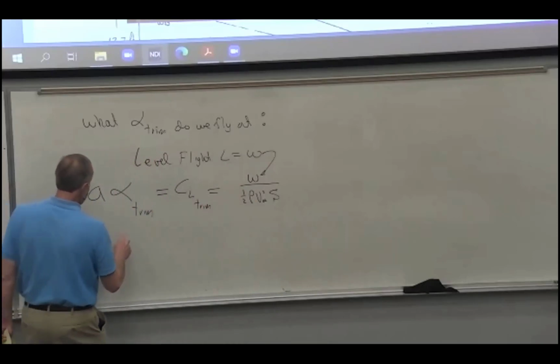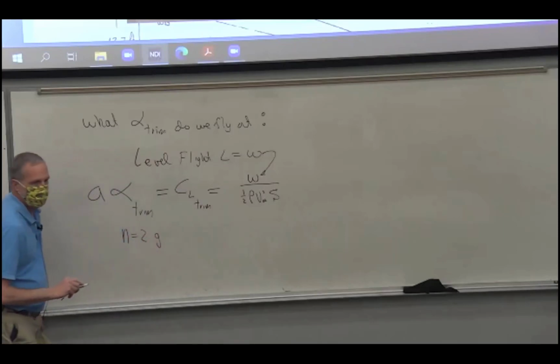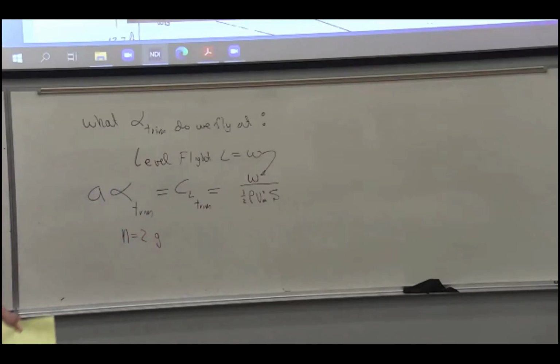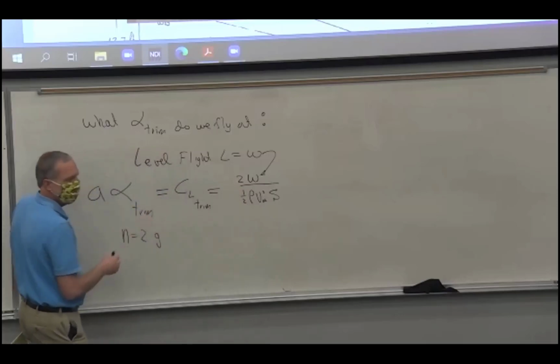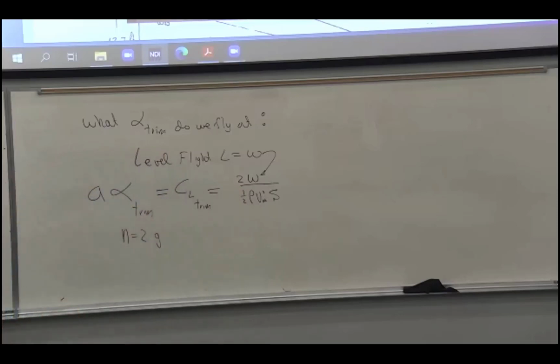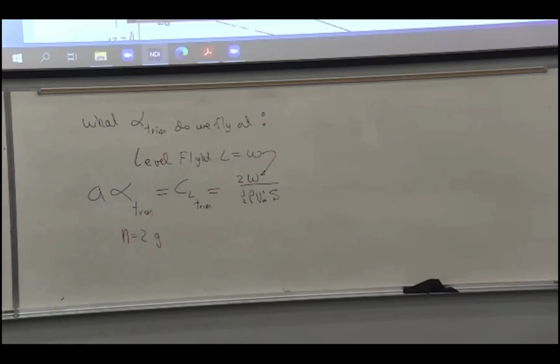How about if we're doing a 2G pull-up? By the definition of G's, that means we have twice as much lift as the weight. So that means we have to have 2, and that changes alpha trim. And so then we know what alpha trim is, and that goes in here. I lost my formula, right?